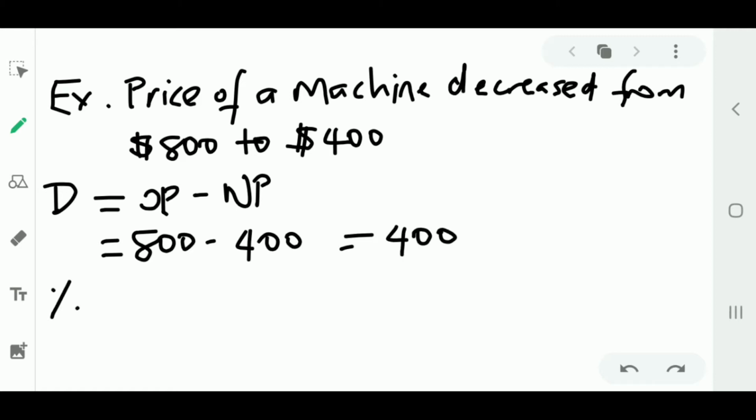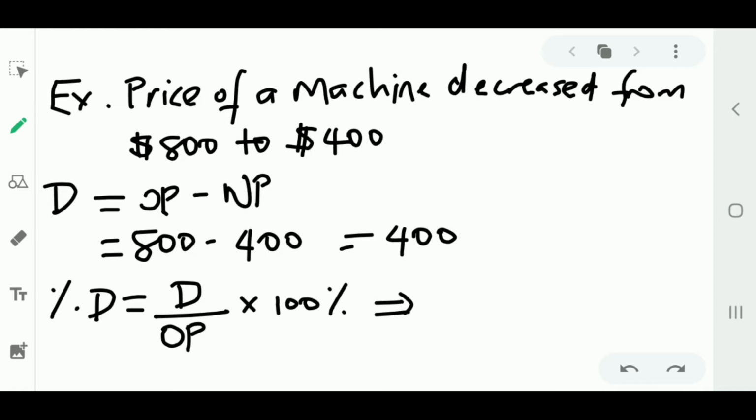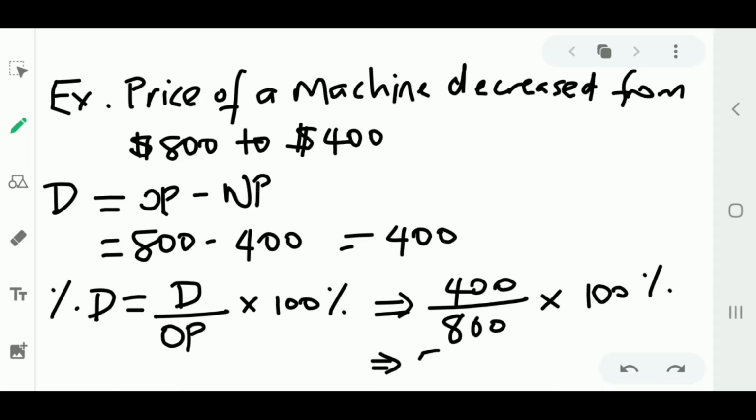Now if you want to find the percentage decrease, remember it is the decrease over the original price times 100%. So that means it is 400 over the original price, it is 800, times 100%. And that gives you 50%.